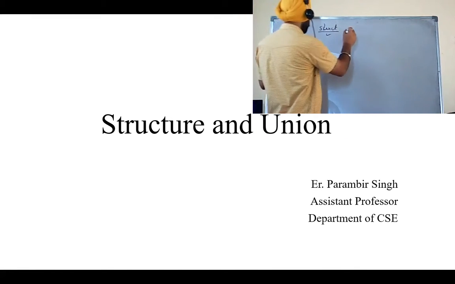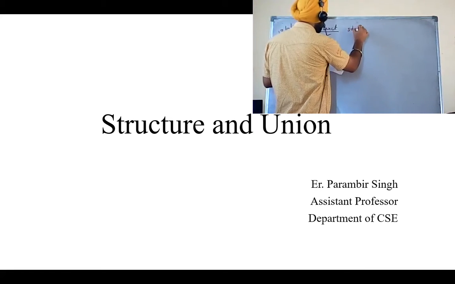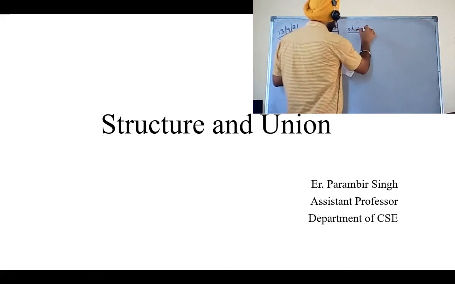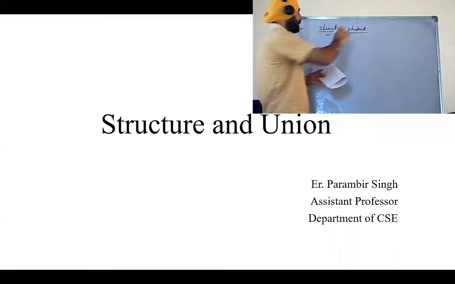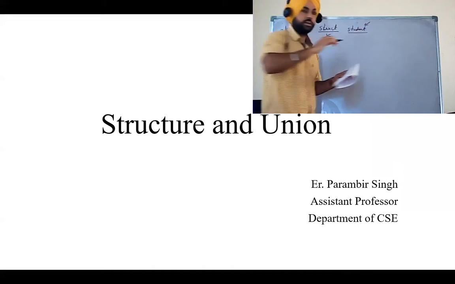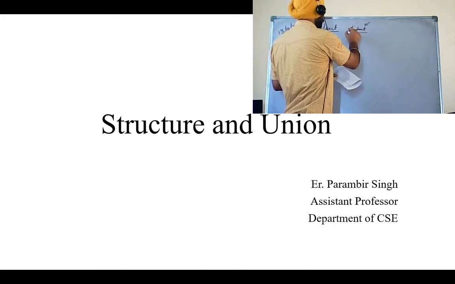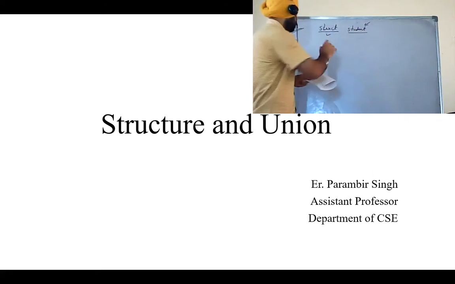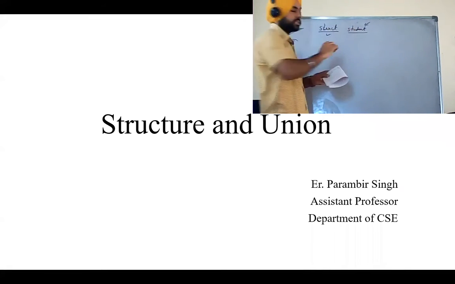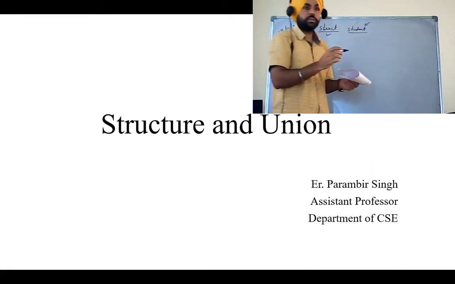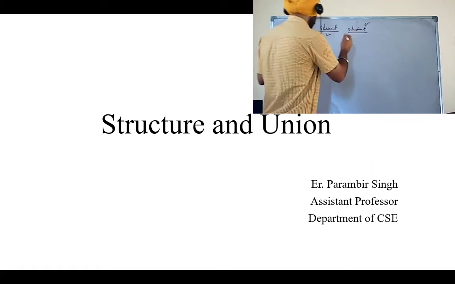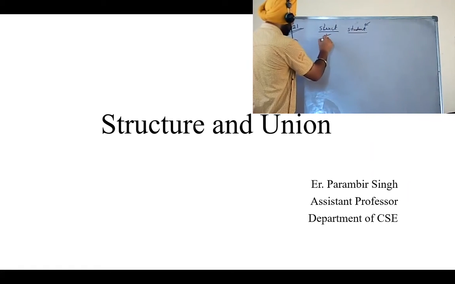Then after that comes the name of the structure, which is also mandatory, but it is up to you; you can write anything here. So struct is the keyword, followed by the name of the structure.